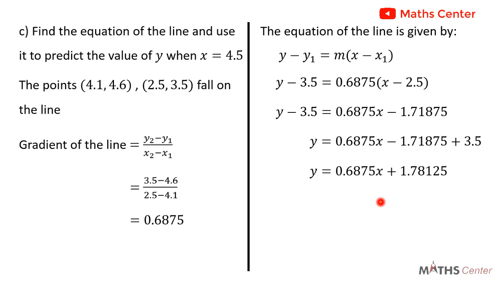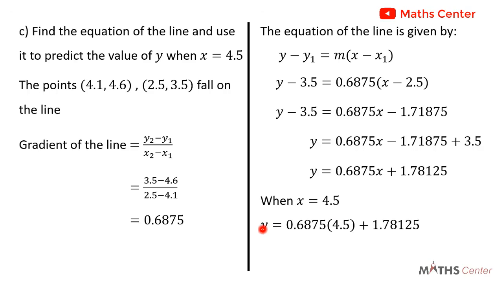The question says that we should use the equation of the line to predict the value of y when x is equal to 4.5. When x is equal to 4.5, we have the equation of the line y is equal to 0.6875x plus 1.78125. So we will replace x here with 4.5.